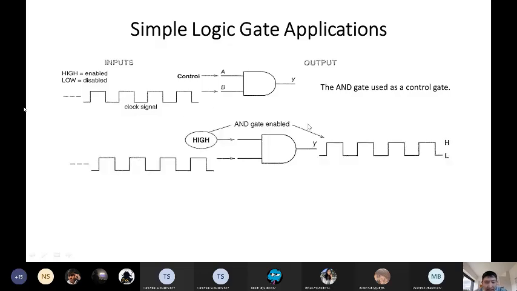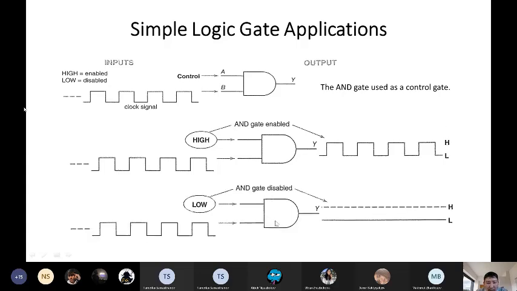When the control A is high, the clock signal will go through the AND gate, and at the output we will generate the same clock signal, right? But if we apply low to the AND gate, the output will not transfer this clock signal. So it's very simple, but very powerful.